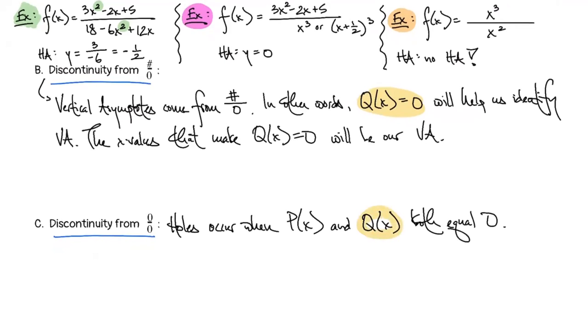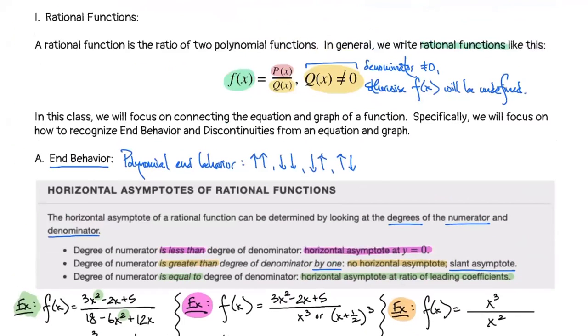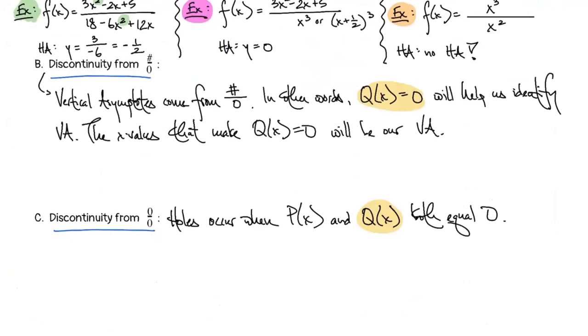So Q of X being the denominator of that rational function and P of X being the numerator of that rational function. Right? So when they're both equal to 0, we're going to actually have a teeny tiny hole in our function. Okay.